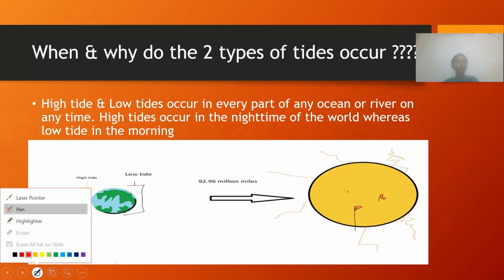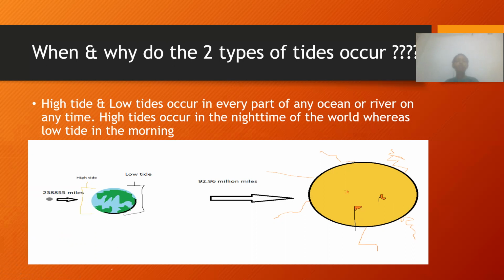The answer to it is the distance. You would be thinking that the sun has such a big mass, it must have more gravity than the moon. Then why didn't the sun pull up the tides more than the moon? That's because of the distance. You can see the moon is only 238,855 miles away from the earth, whereas the sun is so far away, 92.96 million miles.